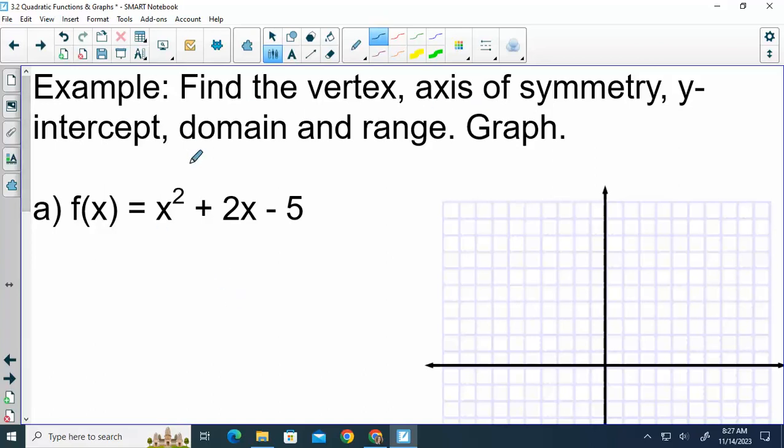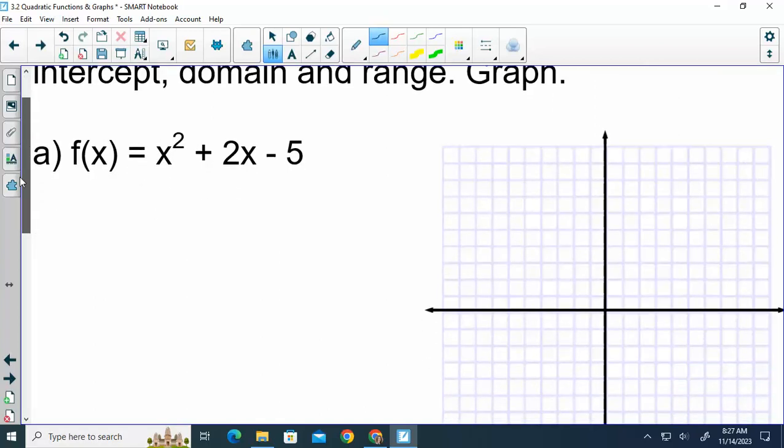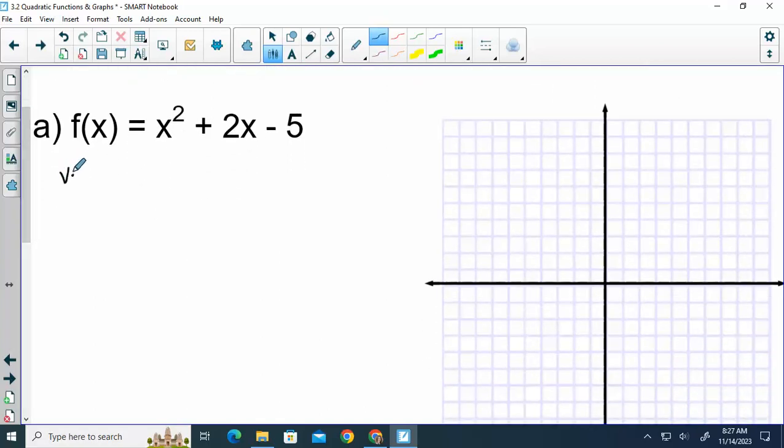Alright, series of questions. Vertex, axis of symmetry, y-intercept, domain, range, and graph. So to get my vertex, we have to do the opposite of b over 2a. What's my b value? Over 2 times a. So we get -2 over 2, which is -1. A vertex is an ordered pair. That's the x.